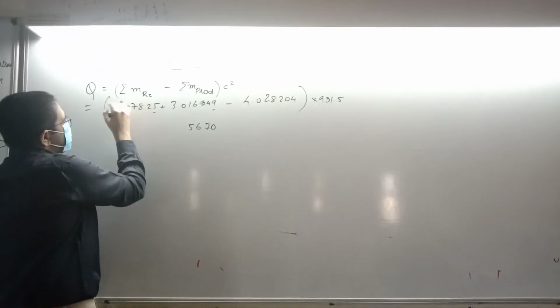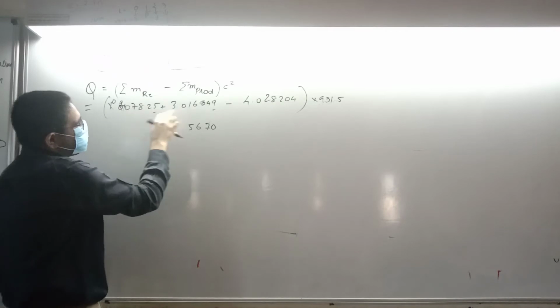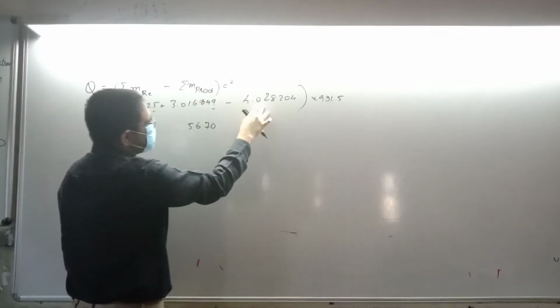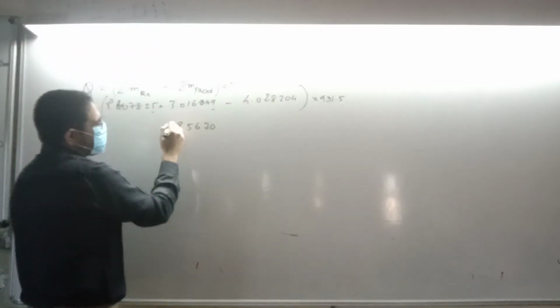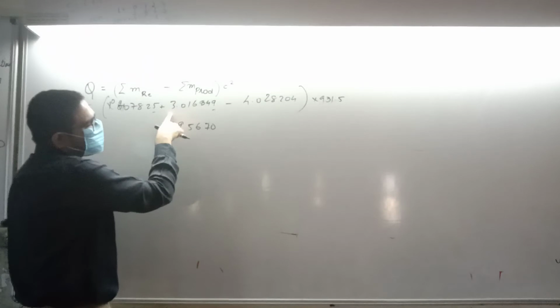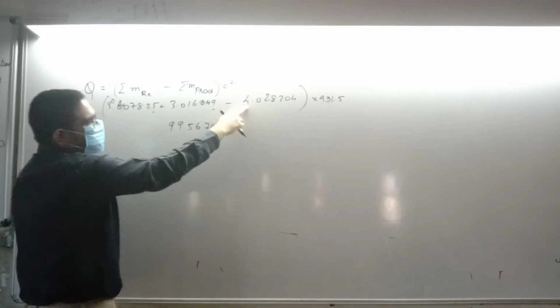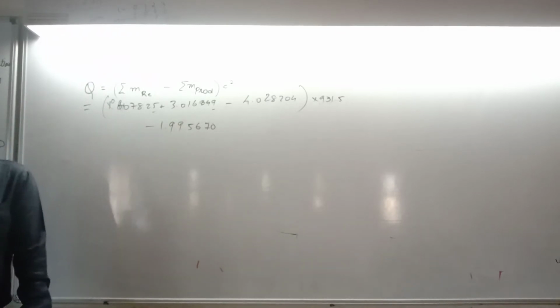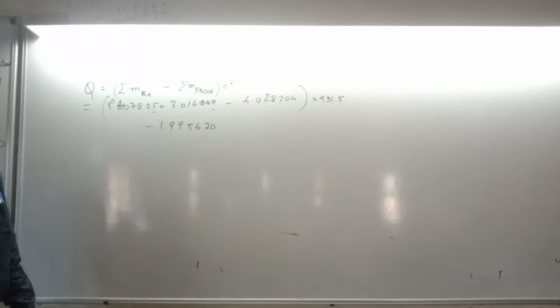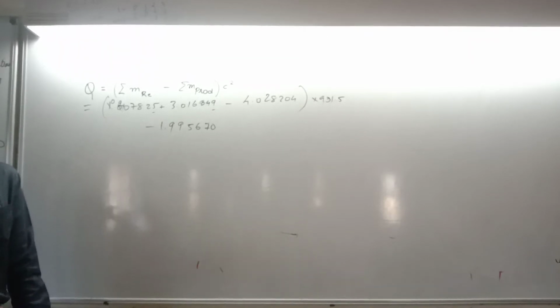If we do it from here, this becomes 10. 10 plus 1 is 11, 11 minus 2 is 9, then 9, 9, 0 plus 3 is 3, minus 4 is minus 1. Clear? Positive or negative? Negative. Endothermic or exothermic? Endothermic. This is how it is done.